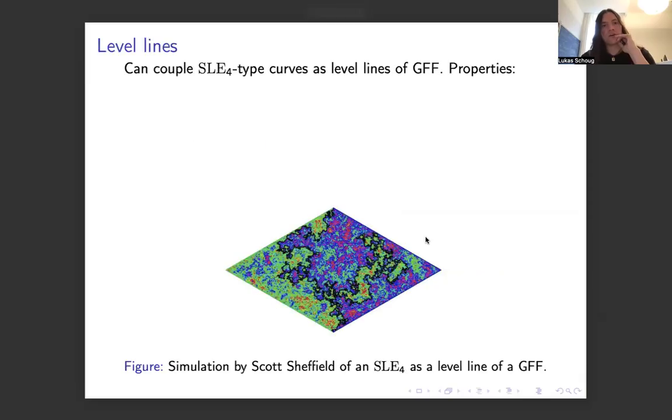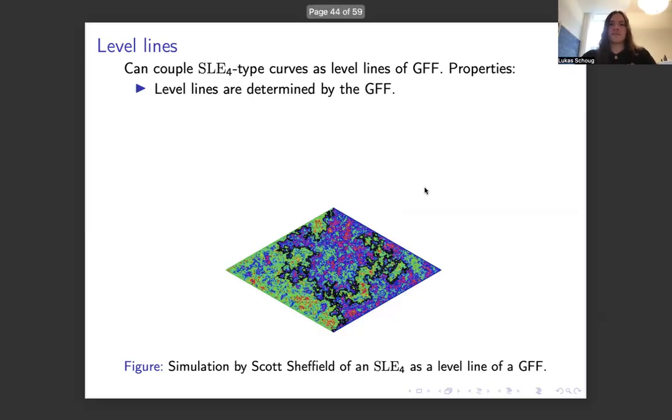Most importantly for us, these GFFs can be used to find SLE4 type curves, which will be coupled as level lines. And when you couple these SLE type curves as level lines, you have the following properties: these level lines are completely determined by the GFF.